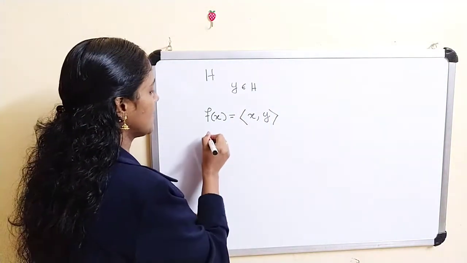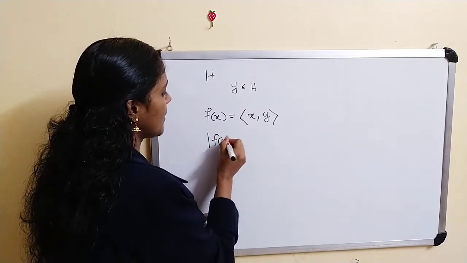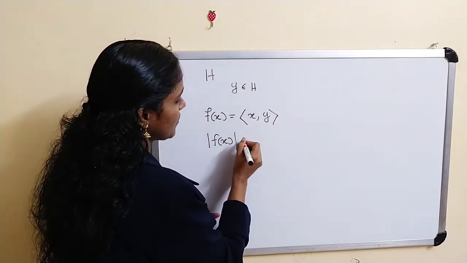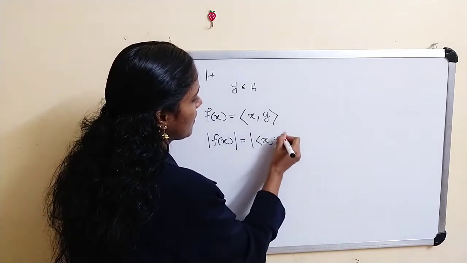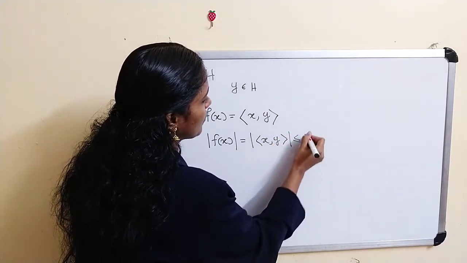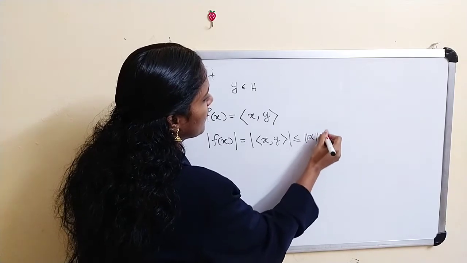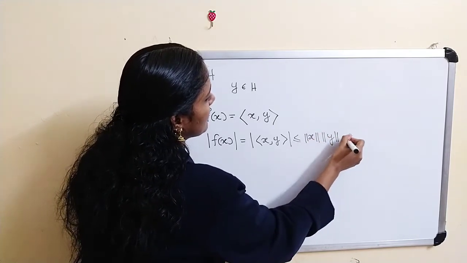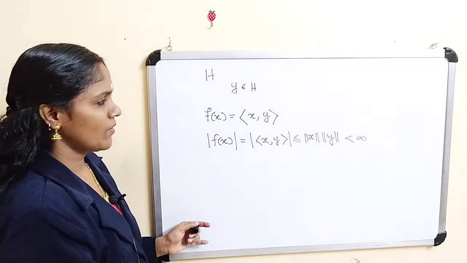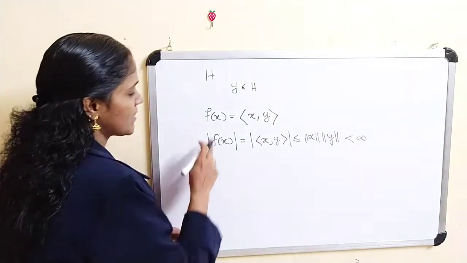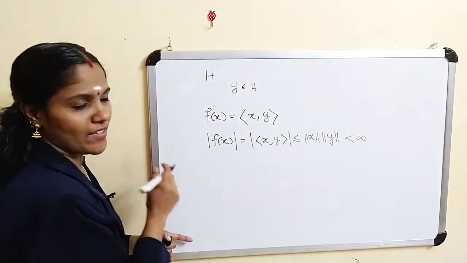Clearly if you consider modulus of f of x, then this is equal to modulus of inner product of x, y, and this is less than or equal to norm of x into norm of y. Clearly each term is less than infinity. Therefore this function is a well defined function. Now we have to check whether f is linear.